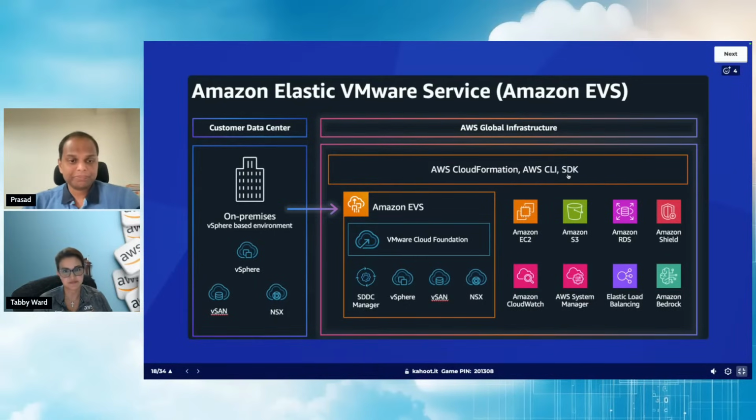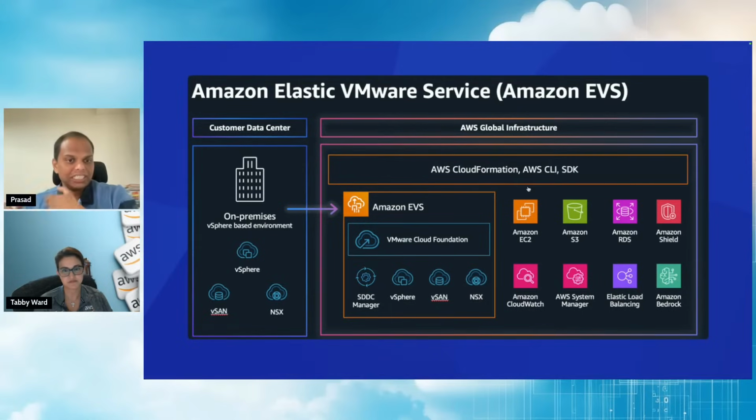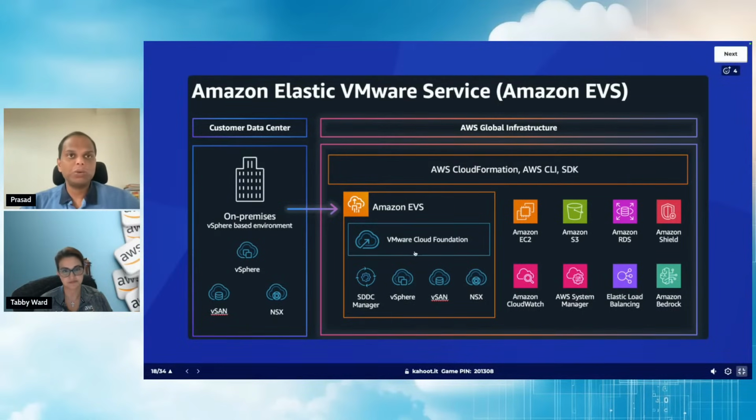The idea for VMware on AWS, which is Amazon EVS, was for customers to have a seamless experience, both for people who have been running VMware on-prem and for those who have experience with AWS. It's the best of both worlds. If a customer is only on VMware and wants to move to AWS, they can run this EVS environment using similar tools as they have, like SDDC Manager, vSphere, vSAN, and NSX.